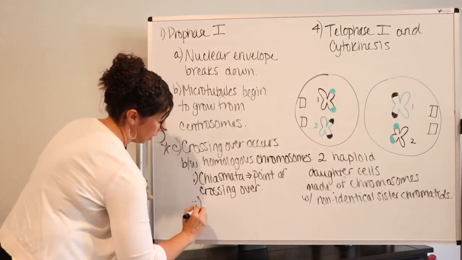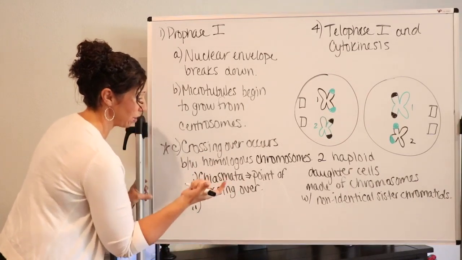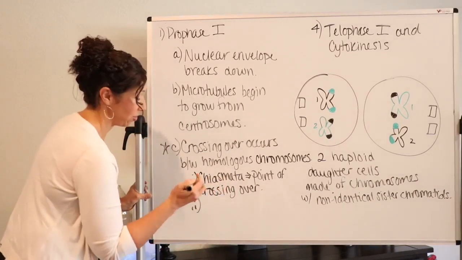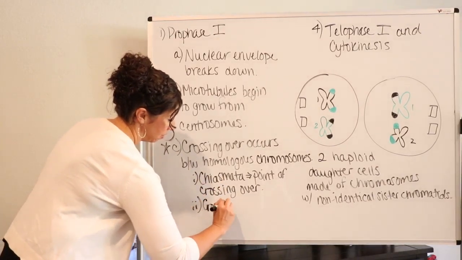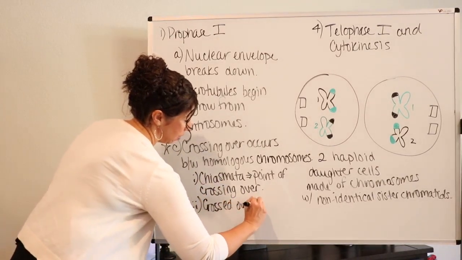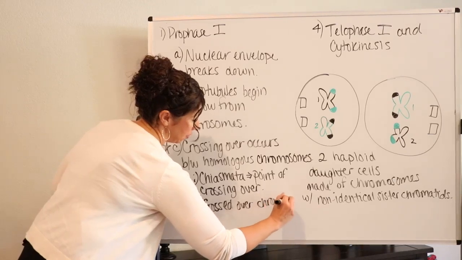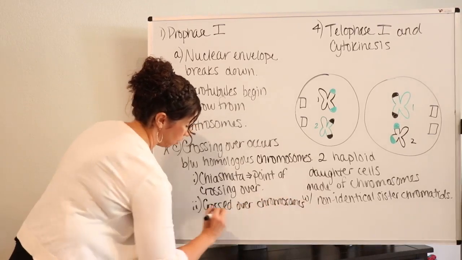And now the crossed over homologous chromosomes are called tetrads.